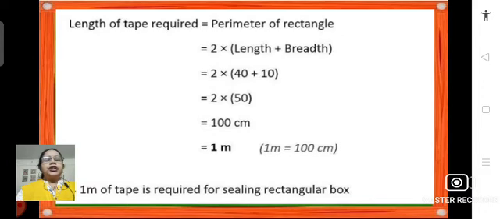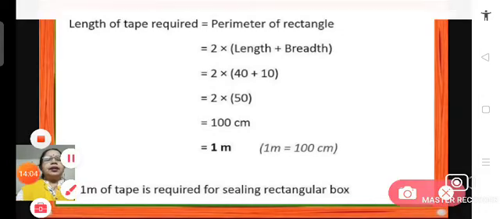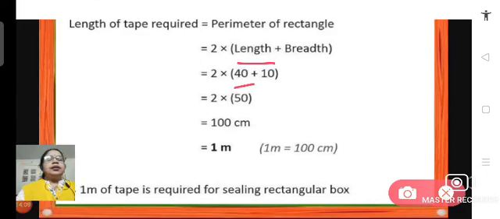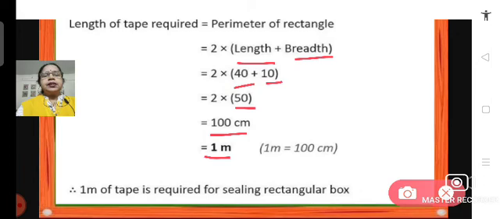So it is 2 into length plus breadth, and we know that length is equal to 40 centimeters and breadth is equal to 10 centimeters. So 40 plus 10 becomes 50. So 2 multiplied by 50 becomes 100 centimeters. 100 centimeters is equal to 1 meter. That means 1 meter of tape is required for sealing the rectangular box.